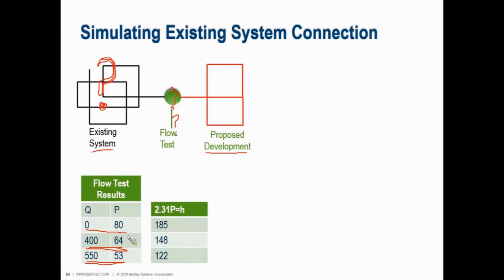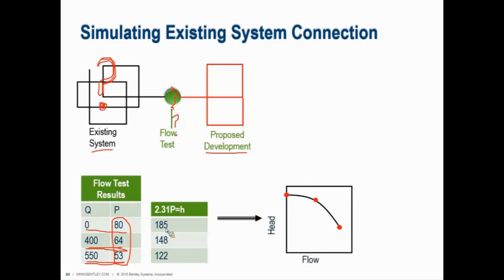So let's play with some numbers and let's convert 80, 64, and 53 multiplied by 2.31, which is a nice handy conversion from pressure to head. And now we're going to graph that, Q versus head. This data point here is going to be the static head right here.